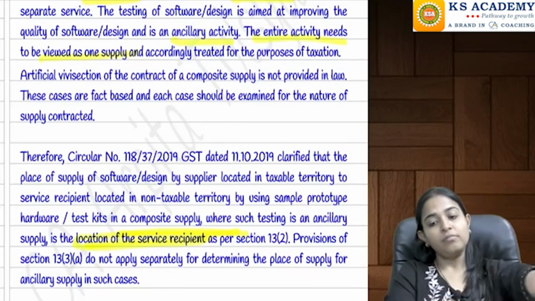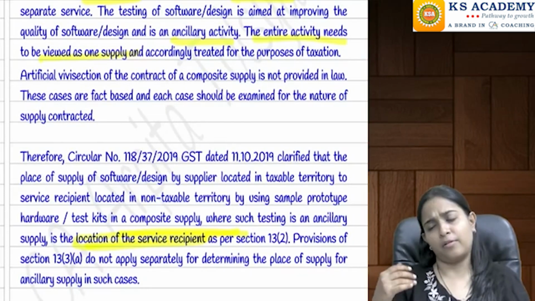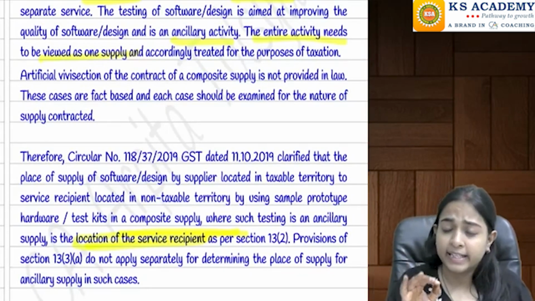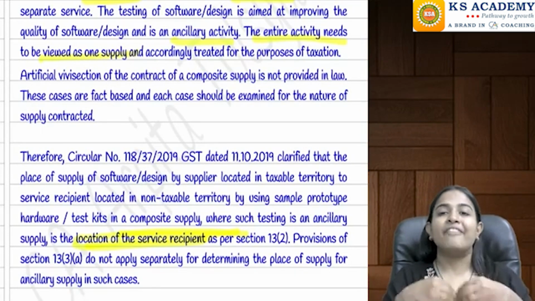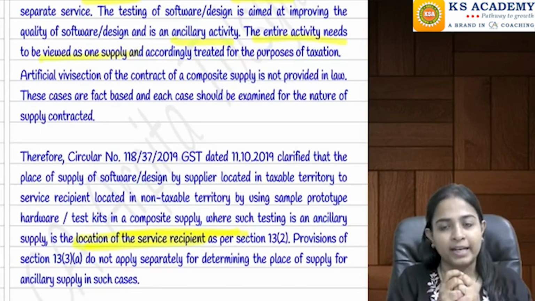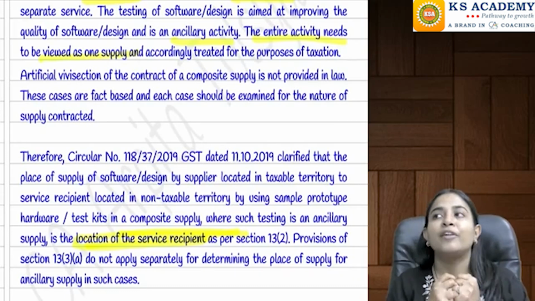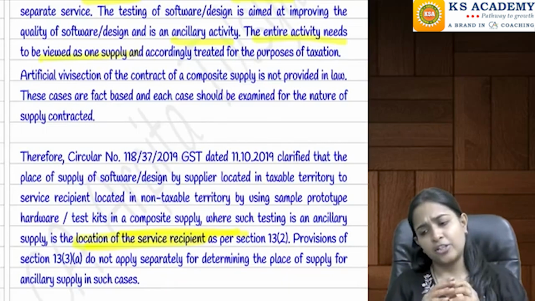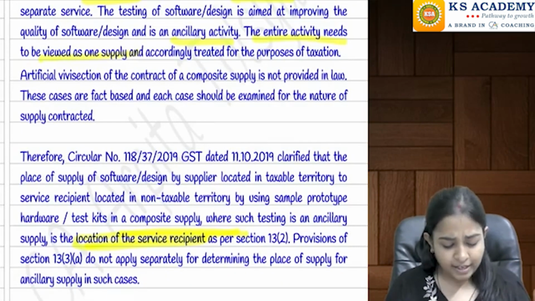So physical presence of the goods is not required, etc. And can we say section 13.3 does not apply at all? Because I am developing a software and giving it. So can I say software development was nowhere there in our specific services, so it will fall under section number 13.2. Yes, so normally section 13.2 will be applicable and the location of recipient will be the place of supply.